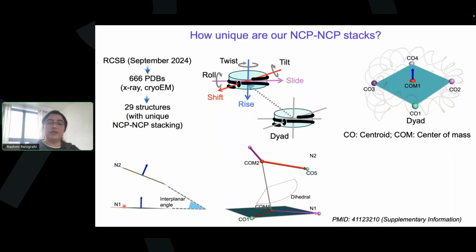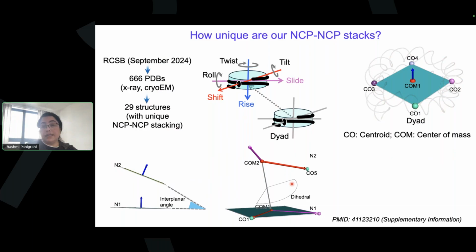So N1 is nucleosome 1 here, nucleosome 2 over here. Another thing for you to remember is I have color coded the dyad in green and the two sites, CO2 and CO3 centroids, in different shades of pink, light pink and a bit darker pink, for the analysis.